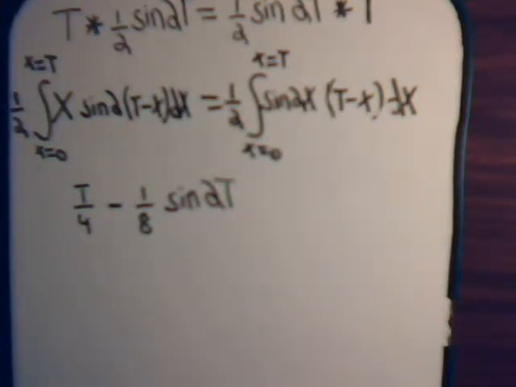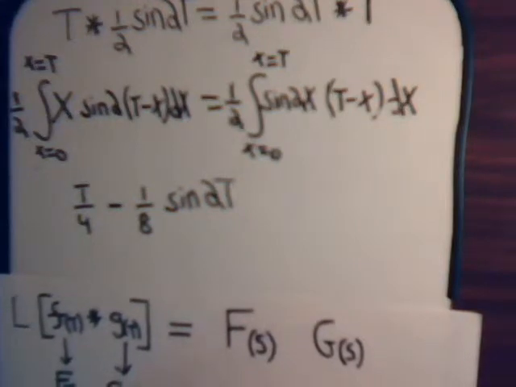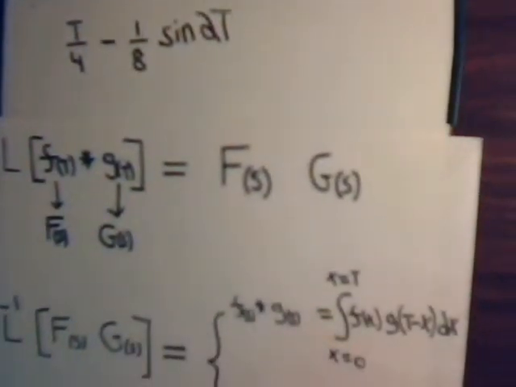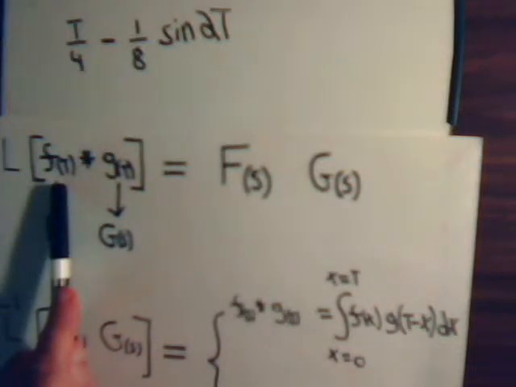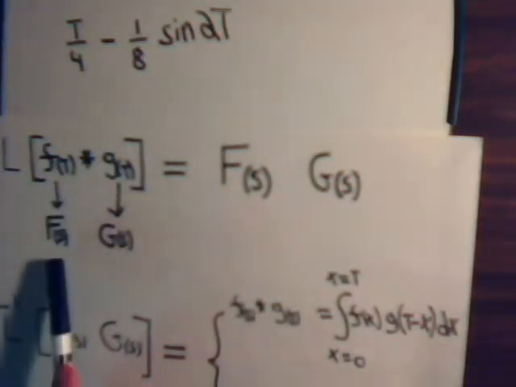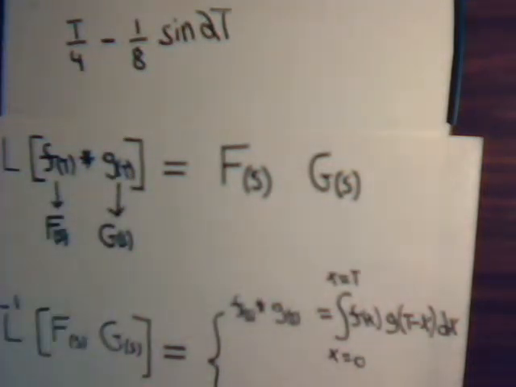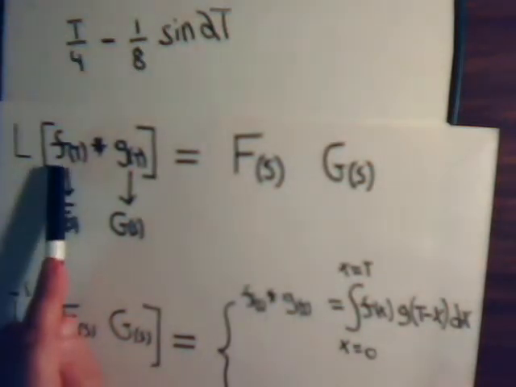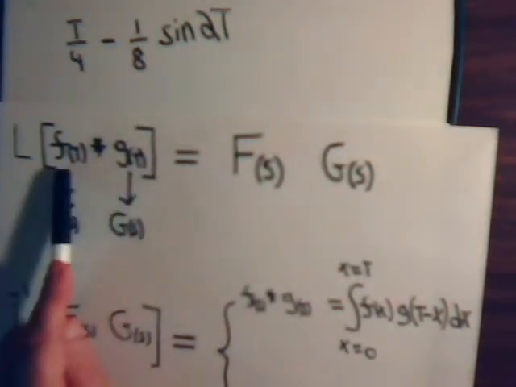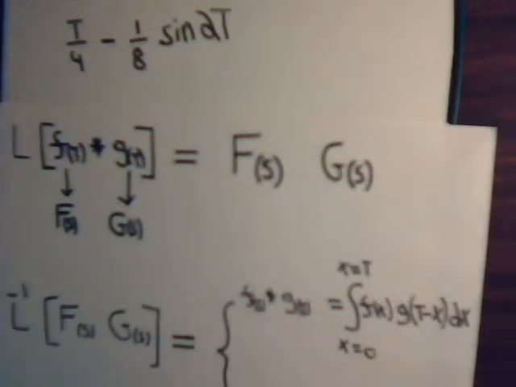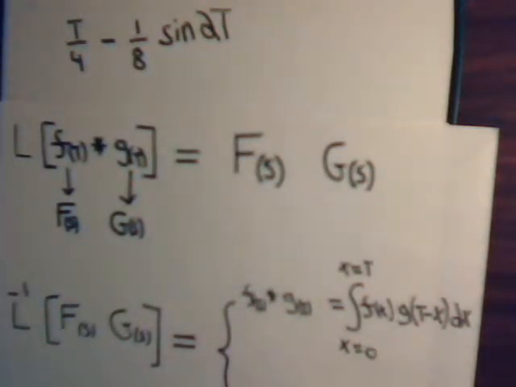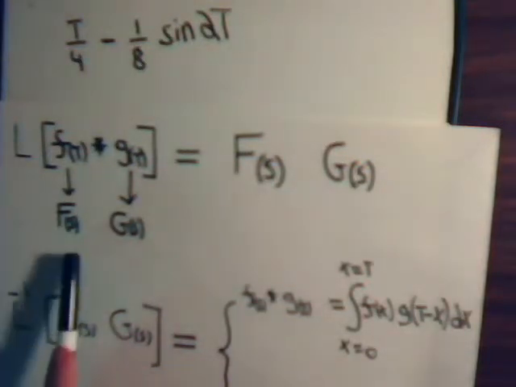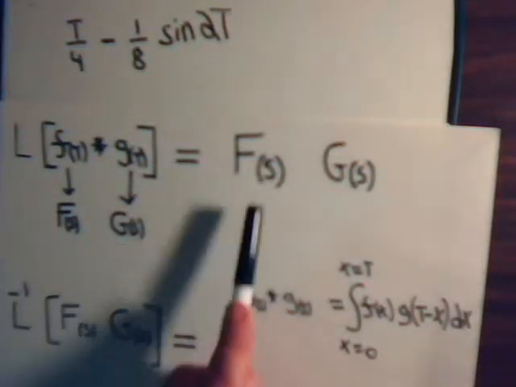And again, the reason why convolution is important, as we will prove in a future video, is that if we have our functions f of t and g of t with corresponding Laplace transforms, if we take their convolution to get another function of t, and take the Laplace transform of that, the Laplace transform that we get is the same thing as multiplying f of s times g of s.